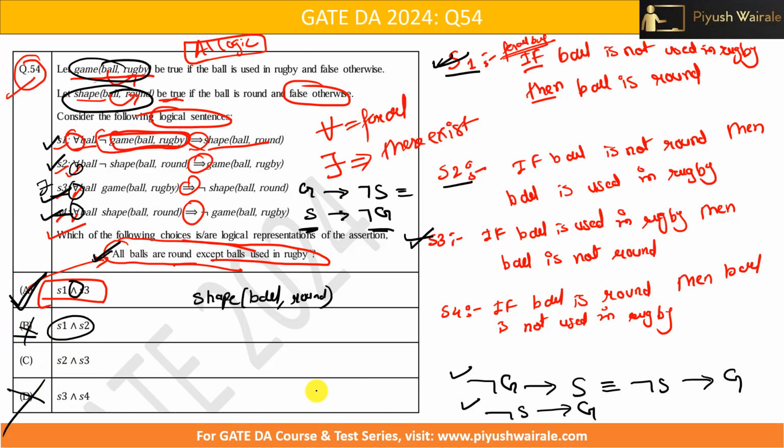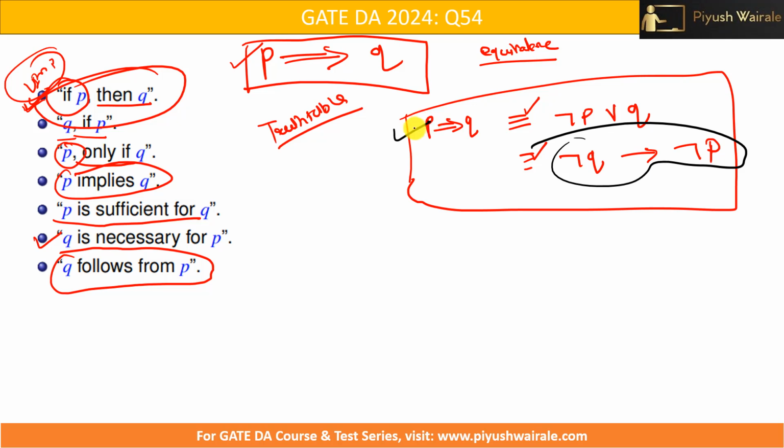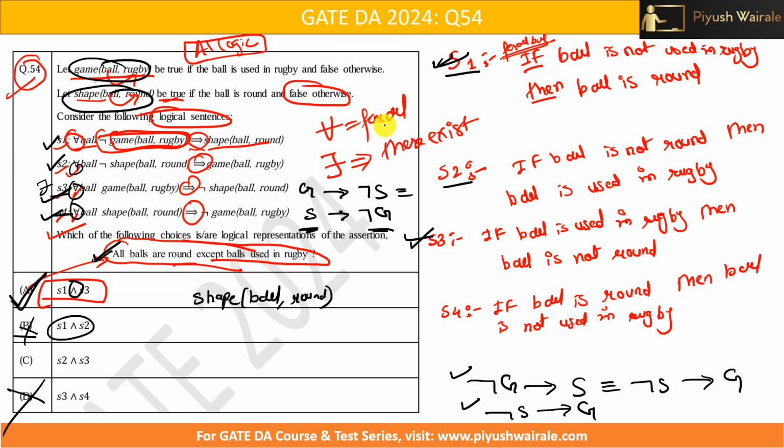So in this way, if you know these particular properties of implies, and if you understand what this particular statement means, you can easily eliminate the options. Okay, so I have eliminated options B and D. Now what about S2 and S3 here? What if I combine this S2 and S3? Will I get the required thing here? Yes, obviously, because S1 is equivalent to S2 only.